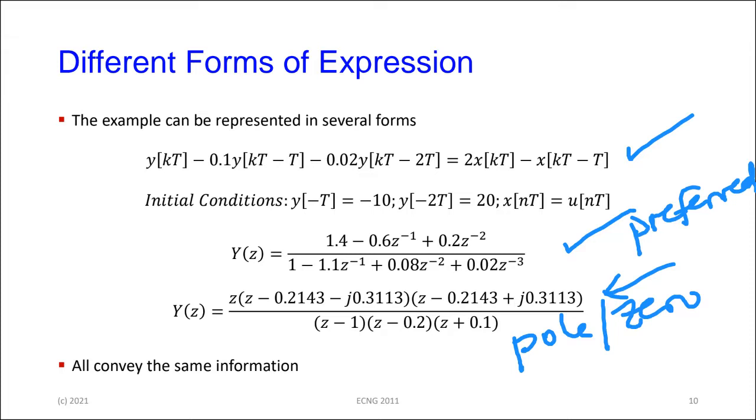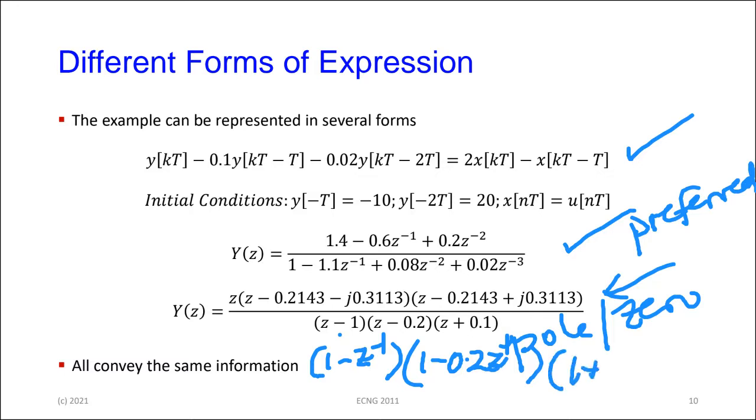And again, I could convert this if I were to multiply this through by Z minus 1 over Z minus 1, for instance. In other words, this here is really 1 minus Z minus 1 into 1 minus 0.2 Z minus 1. And this is 1 plus 0.1 Z minus 1, right?